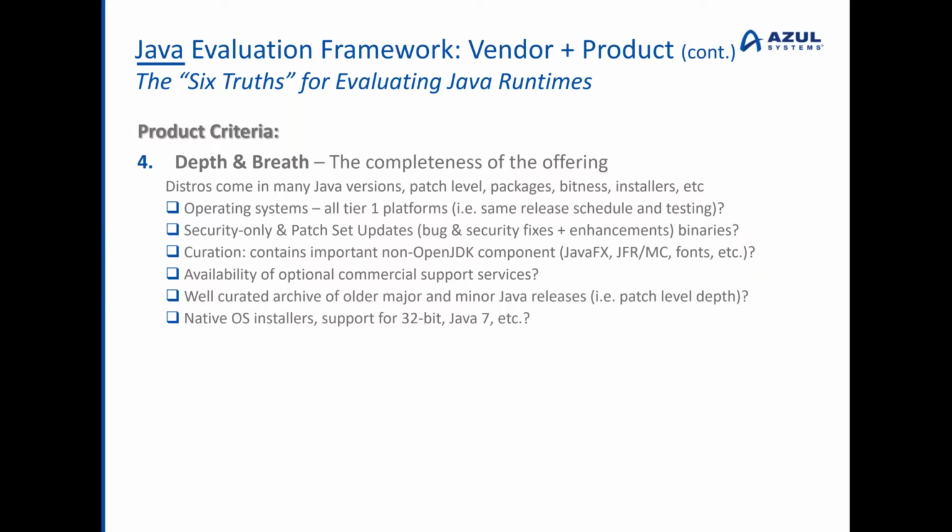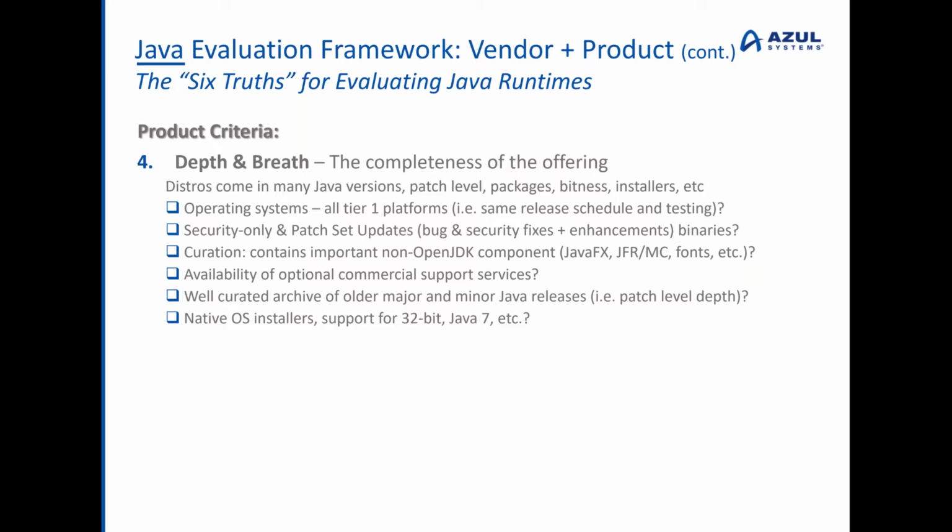So you might see the distribution available on a Linux platform within a week of the distribution, but you don't have the equivalent binaries on Windows until a later time. So understand all of the operating systems, and whether they are tier 1 platforms with the same level of testing and schedule. Security patches, we talked about understanding the different binary packages.